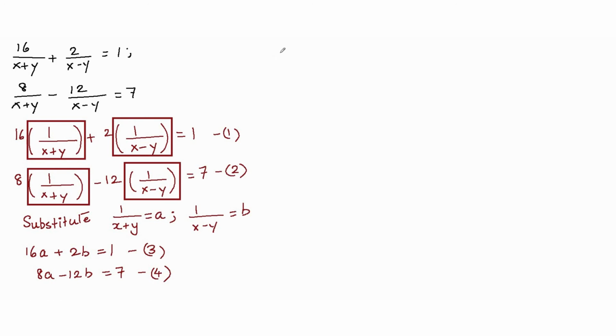Let us decide to eliminate A. I'm going to keep the third equation as it is: 16A plus 2B is equal to 1. And I'm going to multiply the fourth equation by 2. So this becomes 16A minus 24B is equal to 14.